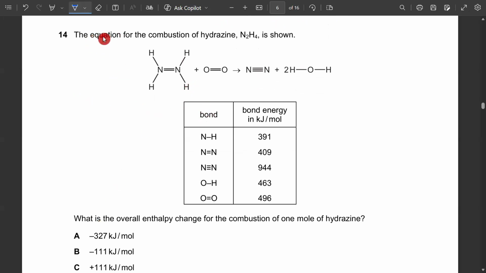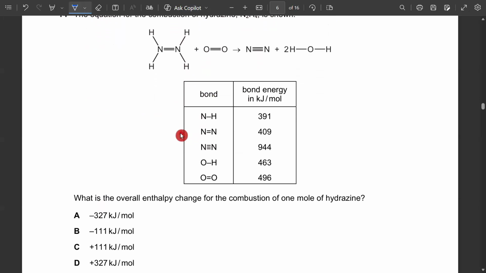The question says the equation for the combustion of hydrazine is given, and we have the bond energy values. Keep your calculators ready so that you can do the calculation. What is the overall enthalpy change of the combustion of 1 mole of hydrazine?